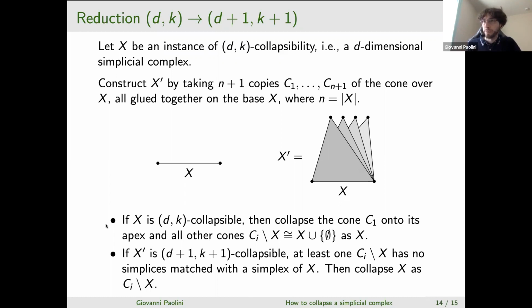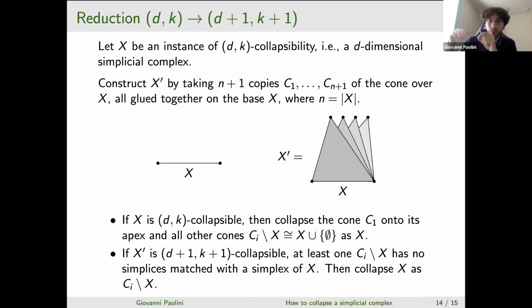Now, to prove that this is an actual reduction, we need to prove two things. First, if X is d,k collapsible, then we need to find a way to collapse X prime to a k+1 dimensional subcomplex. How do we do that? Well, we look at X prime. We collapse the first cone onto its apex, which is something we can always do with a cone.